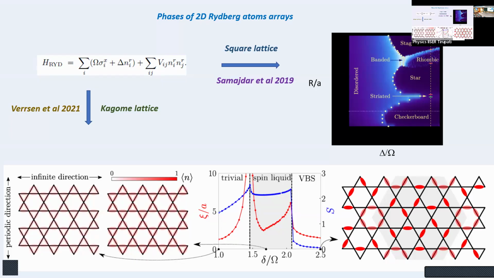There is a zoo of such phases out there. So the point is that if you take spin models and you want to realize them on this optical lattice setup, Rydberg atoms provide a perfect platform. In coming days, I'm hopeful that they would be looking into more aspects of spin liquid physics. And this is one realization of this kind of system.